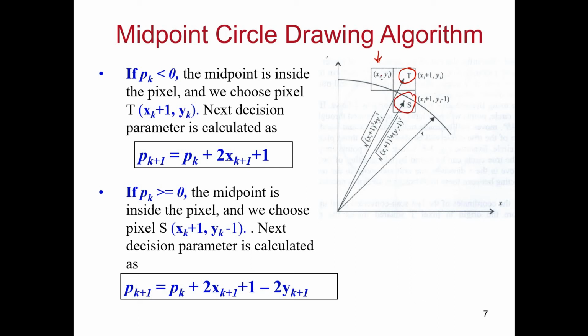So whether we will choose this pixel, t or s, depends on the decision parameter pk. And when we choose either of these, the next decision parameter that we will be using is calculated using these two separate formulas. You will have to remember this formula.